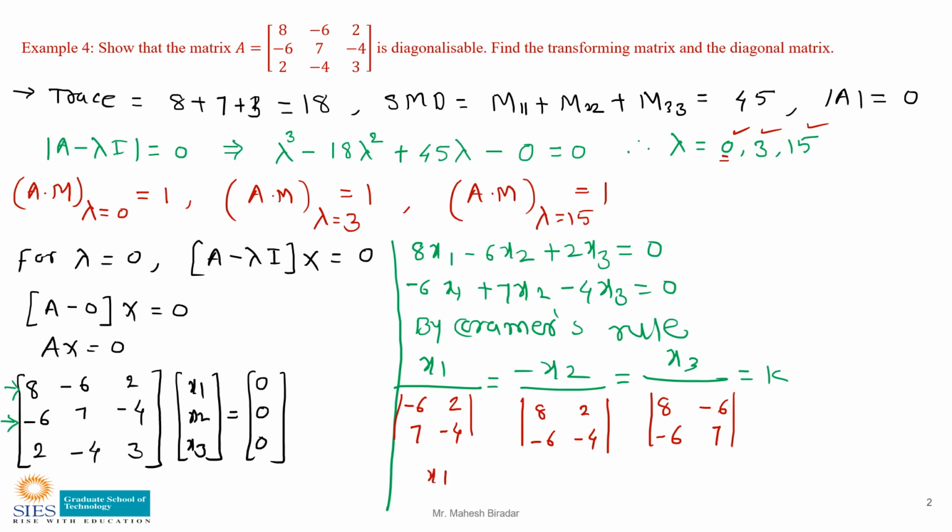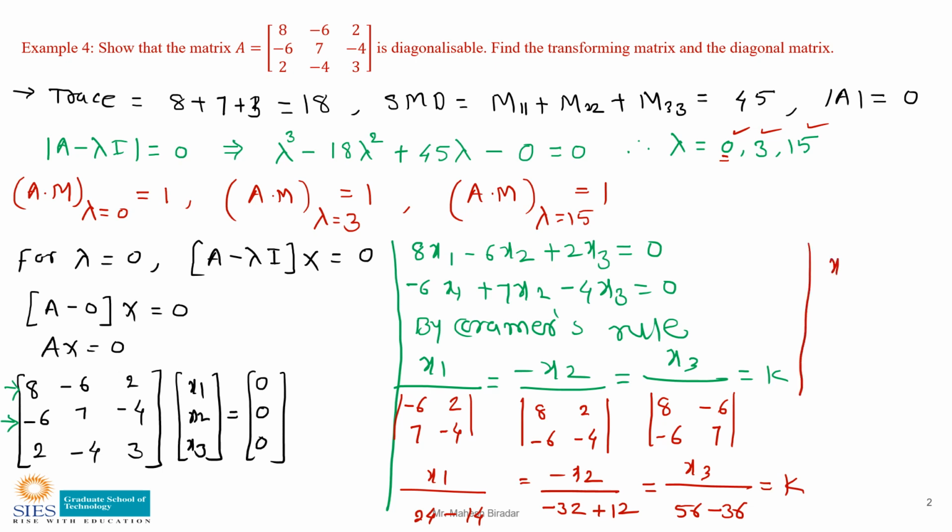If you simplify, this is x1 divided by 24 minus 14, minus x2 divided by minus 32 plus 12, and x3 divided by 56 minus 36, equal to k.